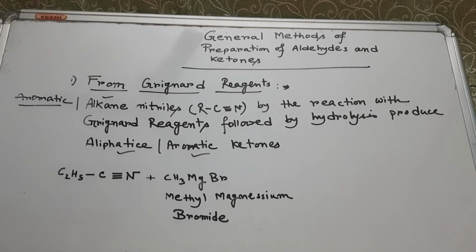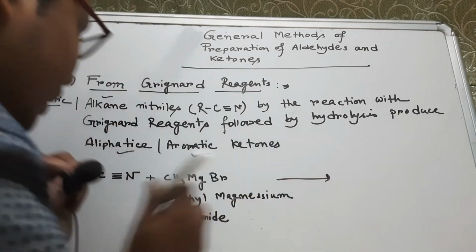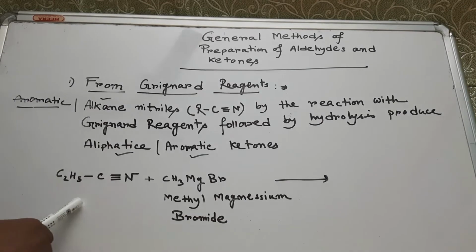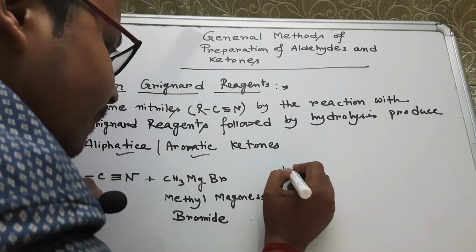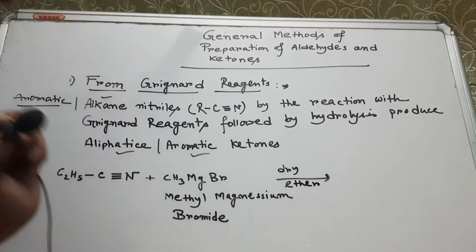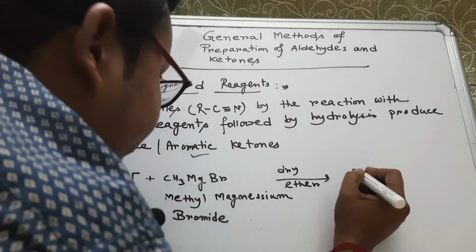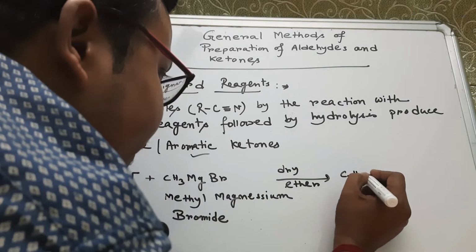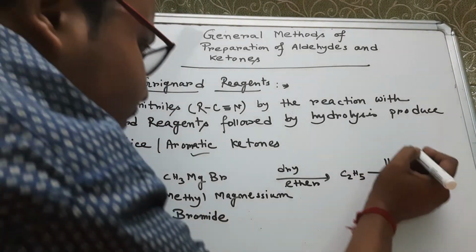Okay, so this cyanide or nitrile will react with the Grignard reagent in the presence of dry ether. Must be dry ether. So what happens? It will be like this: C2H5, C double bond N, MgBr.